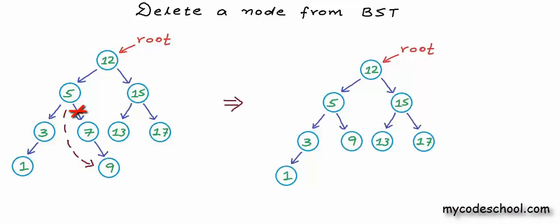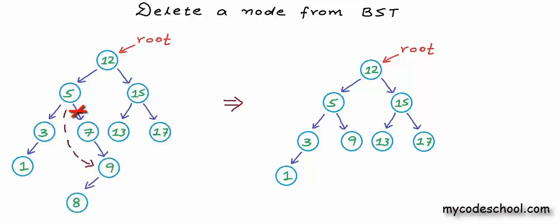Is this still a binary search tree? Yes, it is. Only the right subtree of the node with value 5 has changed. Earlier we had 7 and 9 in the right subtree of 5, and now we have 9, which is fine. What if we were having some more nodes below 9? Here in this tree I can have a node in left of 9, and the value in this node has to be lesser than 12, greater than 5, greater than 7 and lesser than 9.